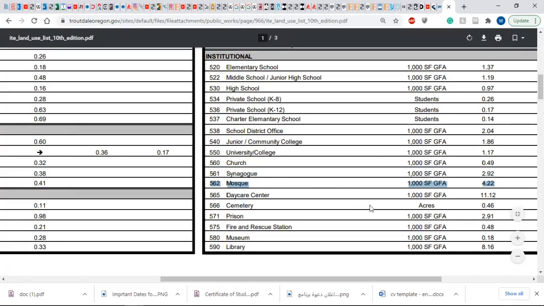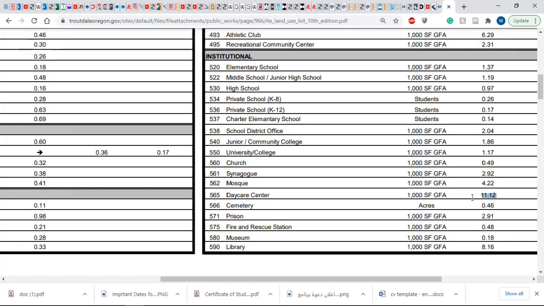Here, for example, for daycare center, for each 1,000 square foot, there is 11.12. Those don't have buses. That's why the trip rate is very high. You see the point? Because the parents drop their children at the daycare center and they pick them up.